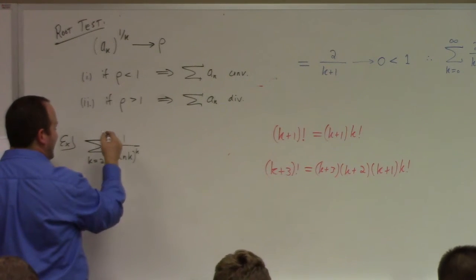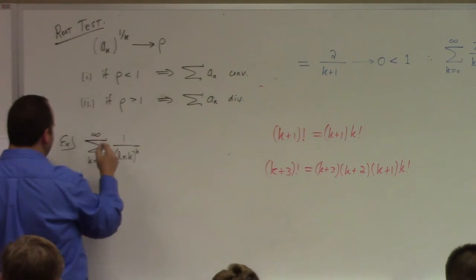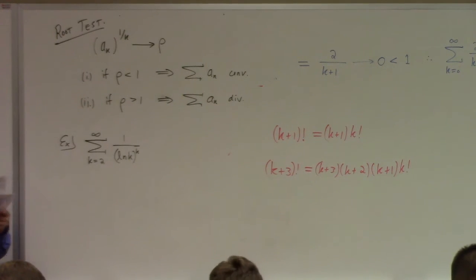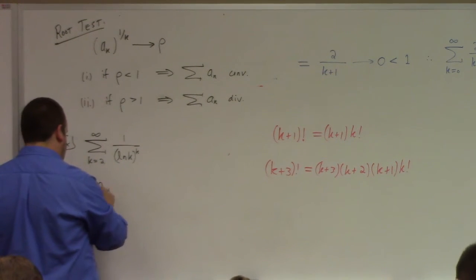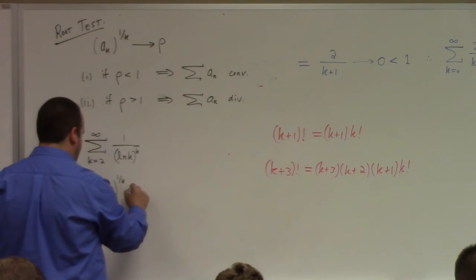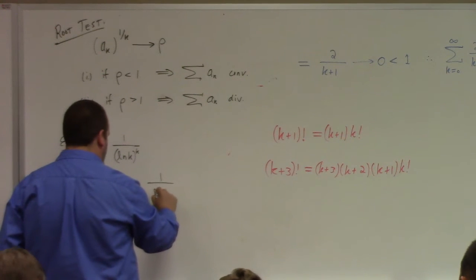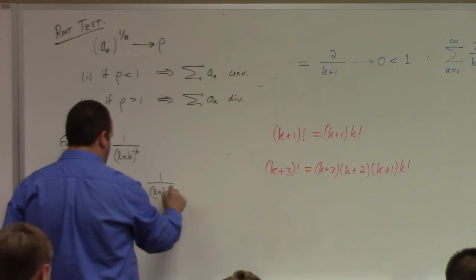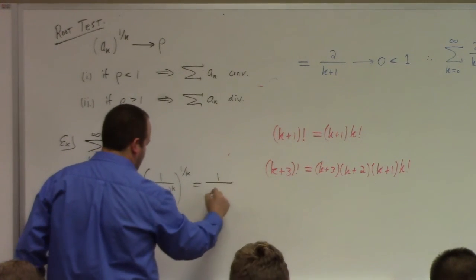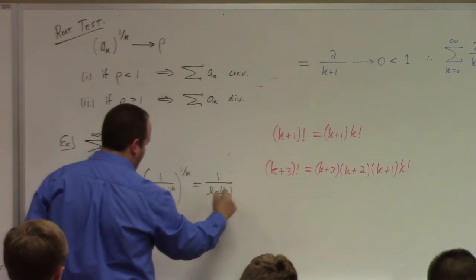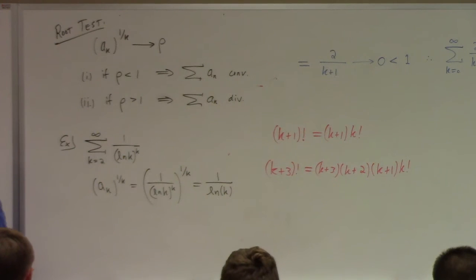K equals 1 is not advised here. Right? Log of 1. Uh-oh. So here, a sub k to the 1 over k is equal to 1 over natural log of k to the k, all to the 1 over k power, which is what? It's 1 over log k. All right?